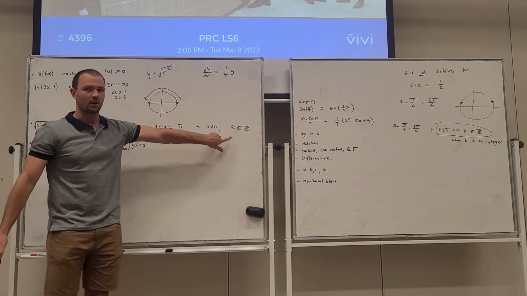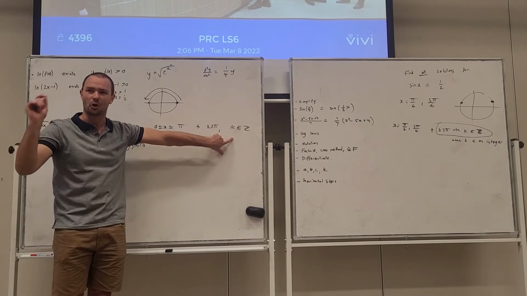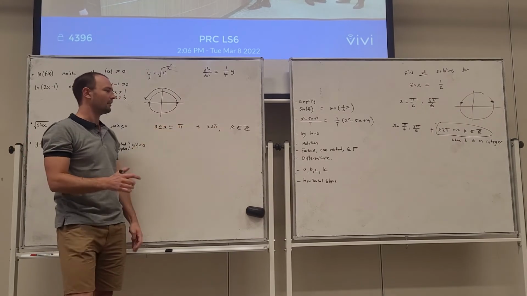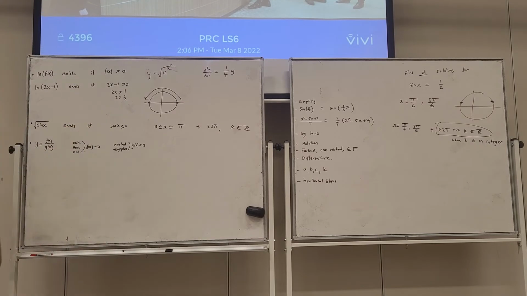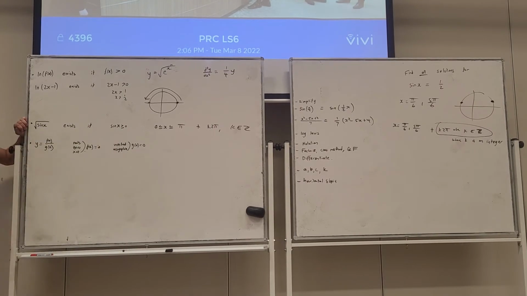I've explained what it means, but it's not necessary to know what it means. You're just getting a mark for writing that there. So that's when that function is going to exist, because we can't have the square root of a negative, can we? That's why it has to be positive. So they're the 2 sort of main ones.